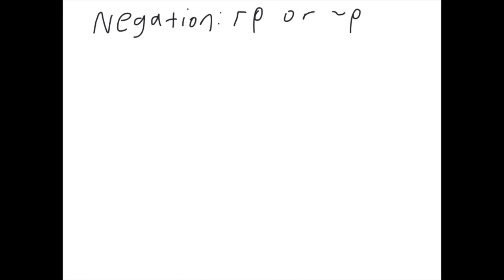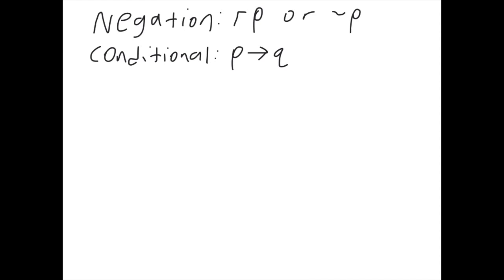I've seen it set up both ways, but both of those are saying not P. So what that means is you're just taking whatever P is and saying not in front of it. So in the last example we had for P, if you are a baby, this would mean if you are not a baby. So it's just putting not somewhere in there to give you the opposite of the statement.